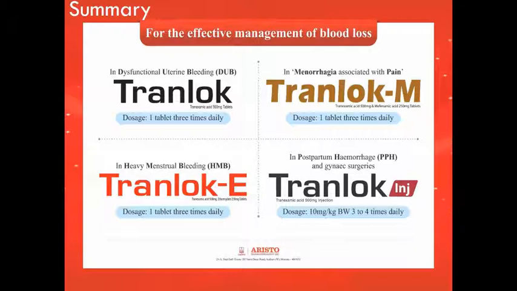For Tranlock E, again it is for heavy menstrual bleeding, and the dosage is 1 tablet 3 times a day for 3 to 4 days. And Tranlock injection is prescribed in postpartum hemorrhage and gynec surgeries, and the dosage is 10 mg per kg body weight 3 to 4 times daily.